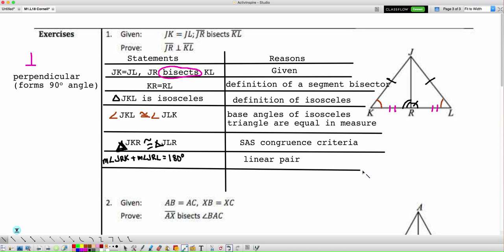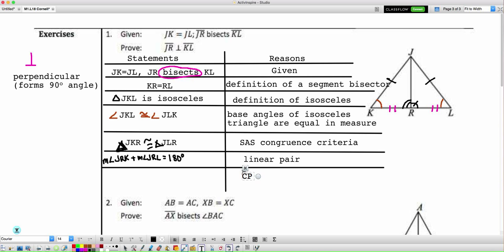But I did also say in the last problem that once you prove two triangles are congruent, you can use that CPCTC. So I could also say that since those are congruent, notice that this angle R from the triangle on the left corresponds to the angle R from the triangle on the right, because they're the two last letters.